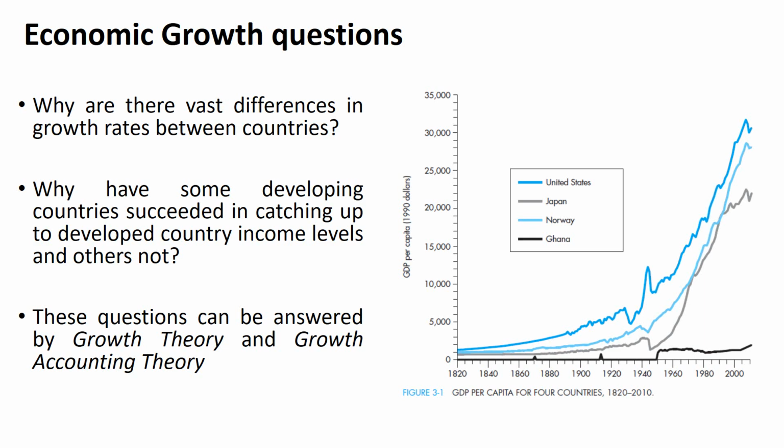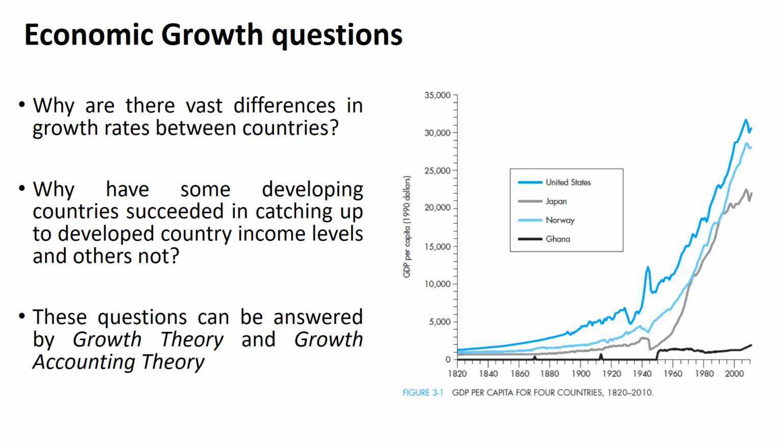And similarly, why have other developing countries not been able to catch up, so that differences still persist? The questions that we've just posed can be answered by both growth theory and growth accounting theory, and we're going to be discussing aspects of both of these in the course.